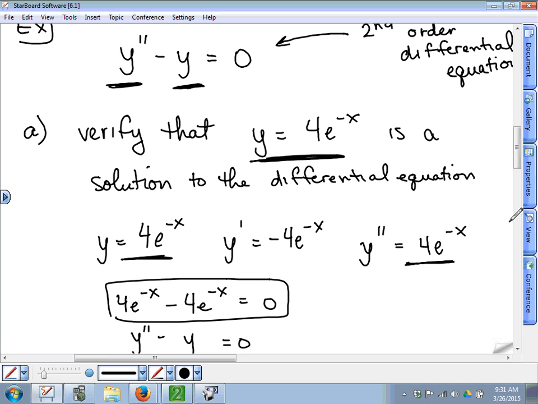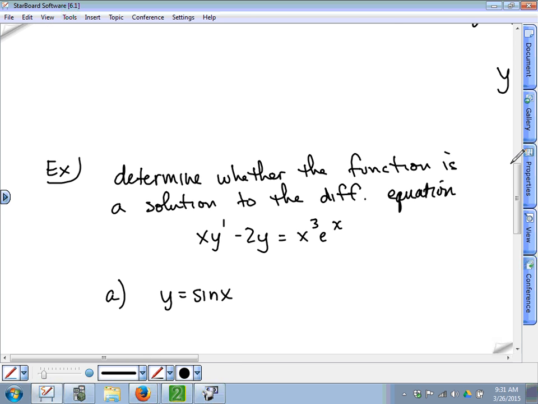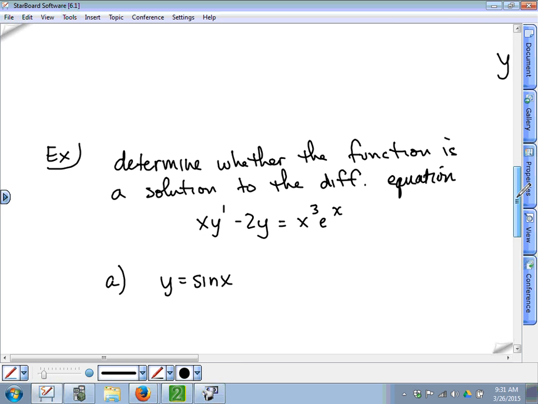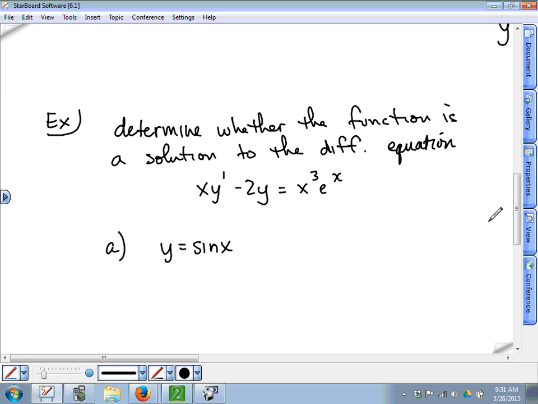We don't know whether this function here is a solution or not. We have to verify it. What would you suggest? I would suggest that we multiply x by both sides.